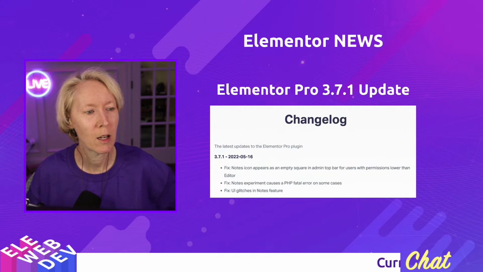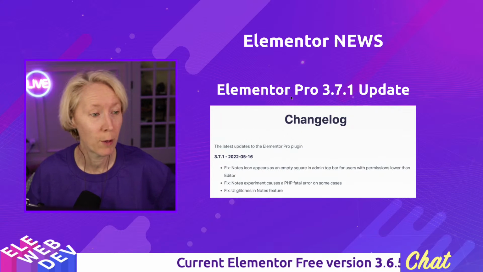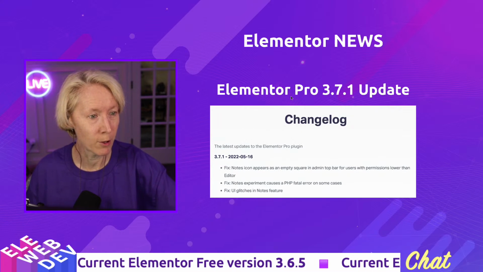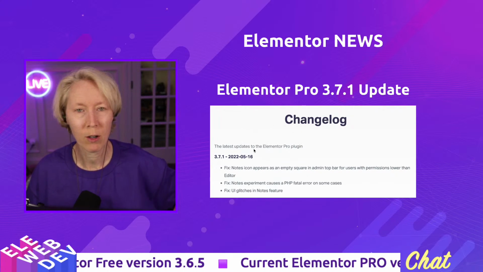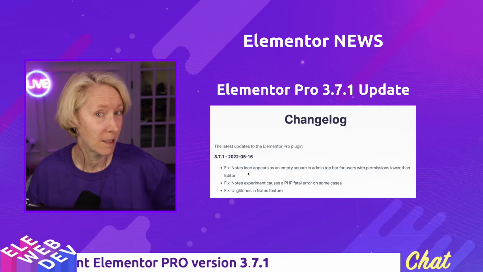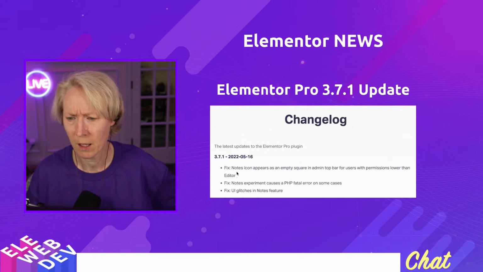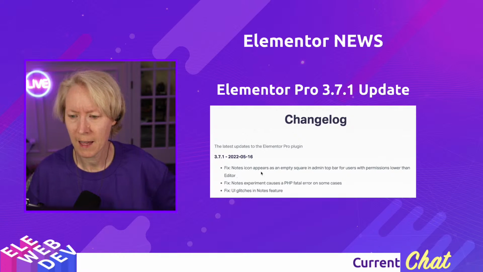And since Elementor did update 2 days ago with the Elementor 3.7.1 version, here's the changelog of what happened in this little tiny update that needed some fixes from the 3.7 version. We've got something about the notes icon. They needed to fix that.